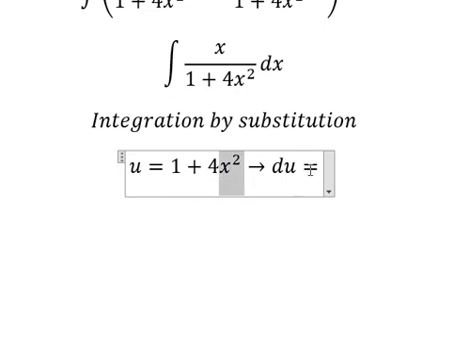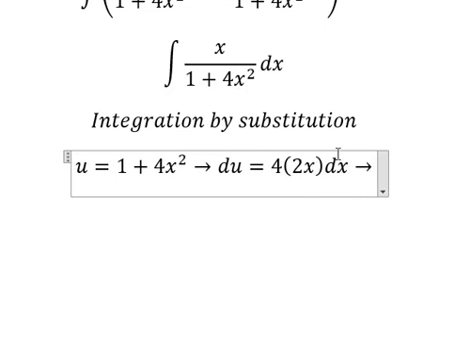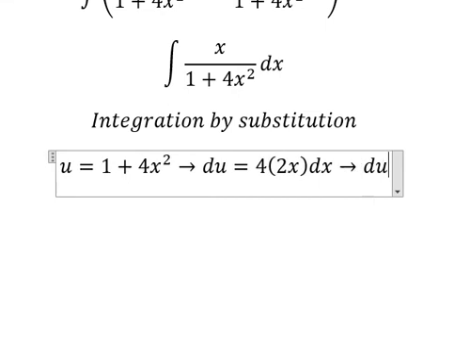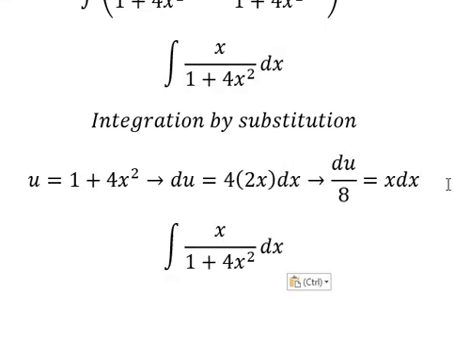This one we have to ask. So because we don't have number 8, that's 4 and 2, so we need to divide both sides by number 8. So this one we change by u.